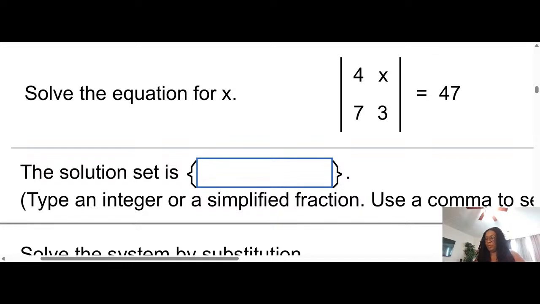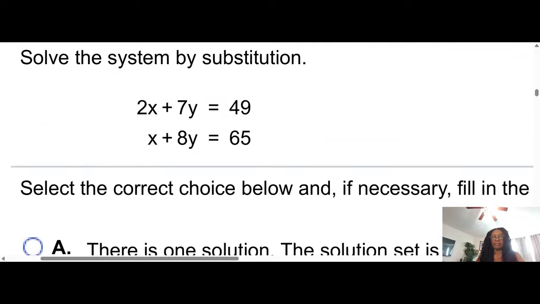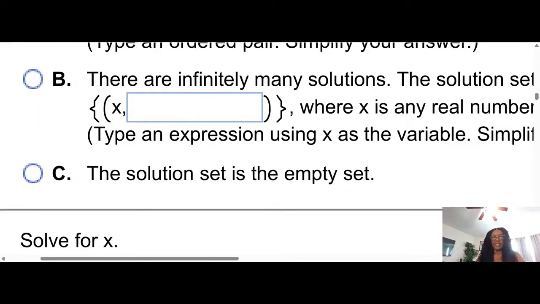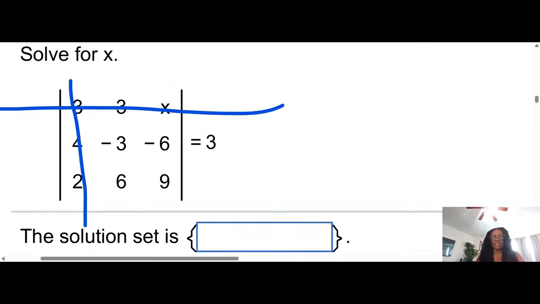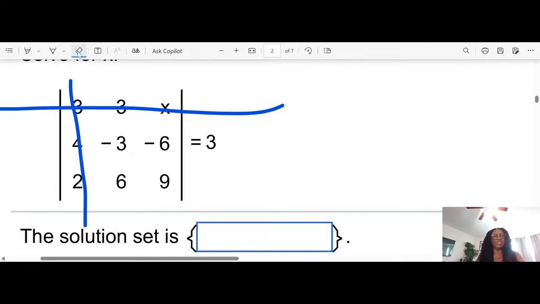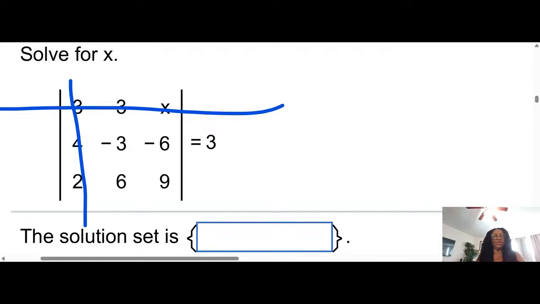I'm going to pull up another matrix equation. All right, so let's find another matrix equation. This is another equation that says solve for x.